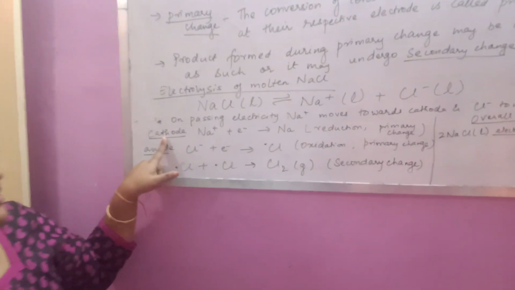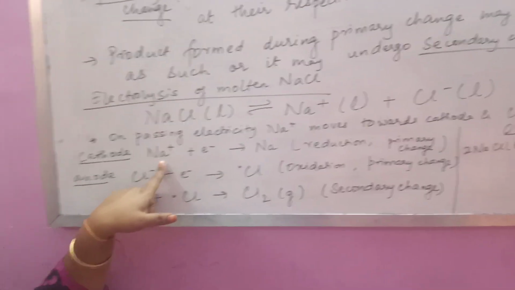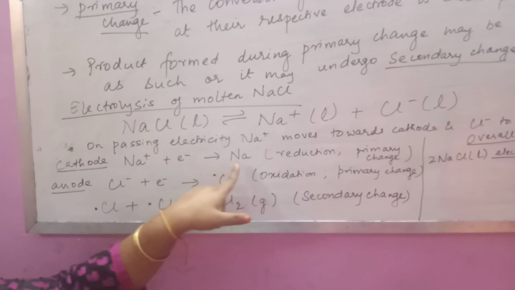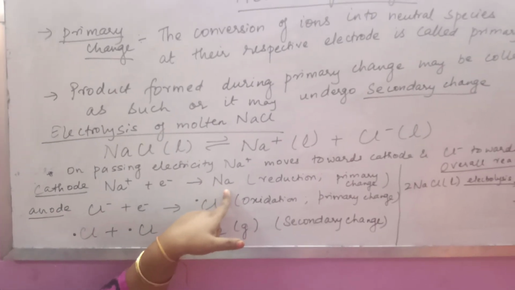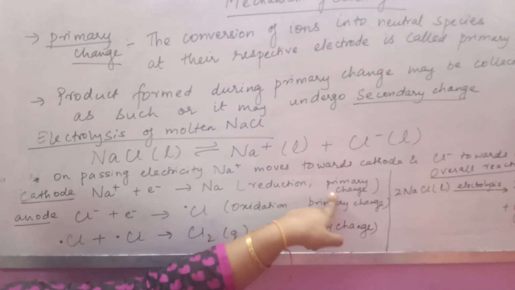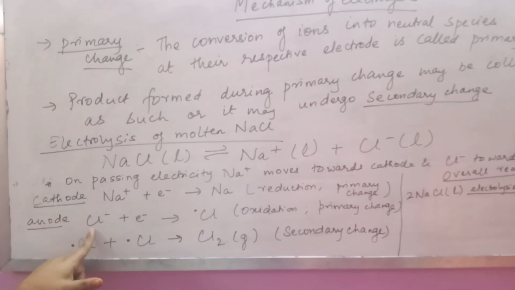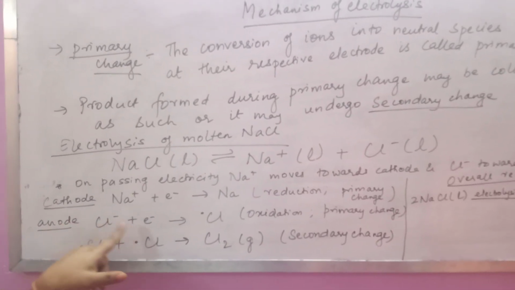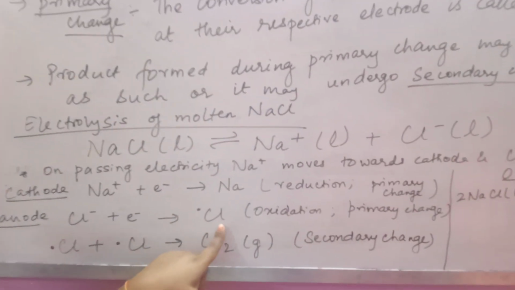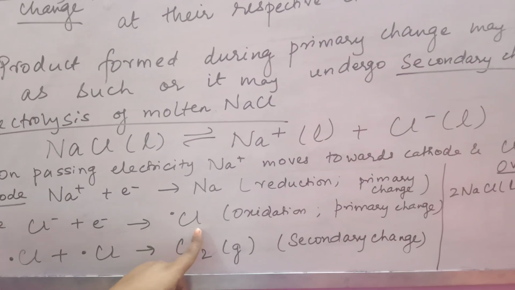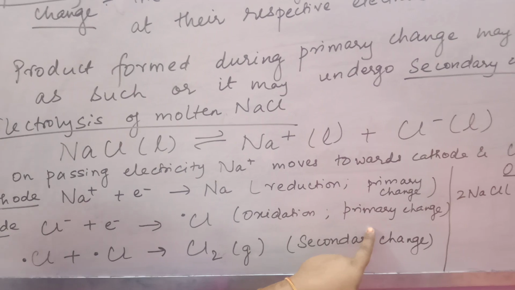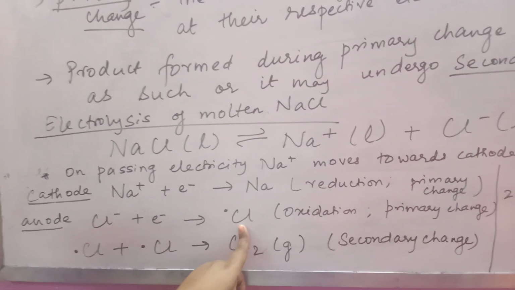Now see, at the cathode what happens? This Na+ accepts the electron and is converted into neutral species Na. That is called primary change, and reduction has taken place. But at the anode, Cl- reaches, gives up the electron, and forms the chlorine atom, which is very unstable. Oxidation takes place. This is also a primary change, but it is unstable.